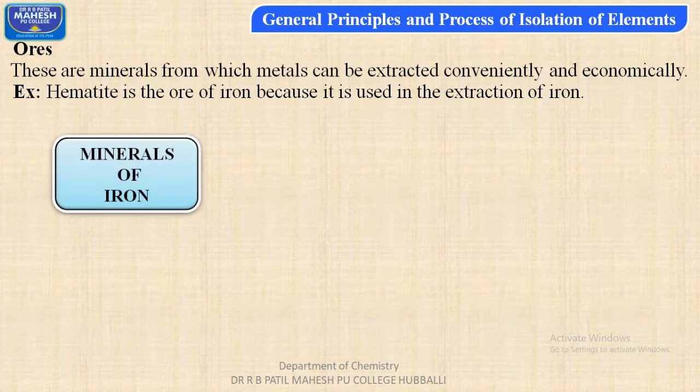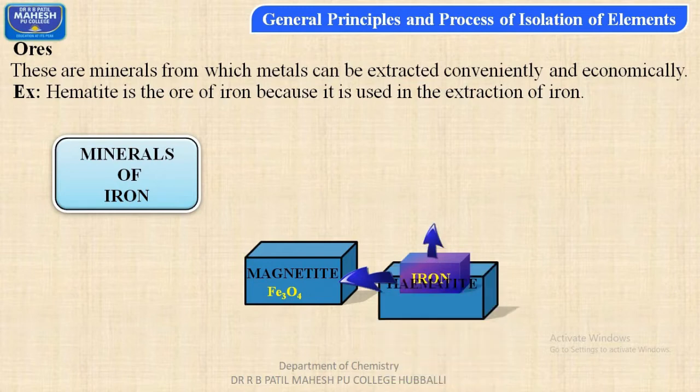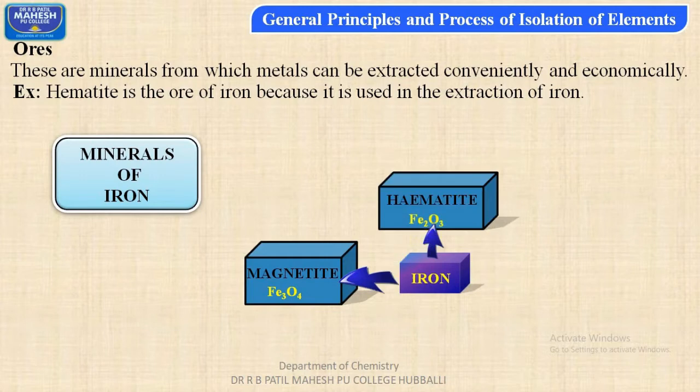Let us discuss the minerals of iron. Iron, students, has four different types of minerals. The first one is magnetite, that is triferric tetroxide, Fe3O4. The second one is hematite, with the formula ferric oxide, Fe2O3.